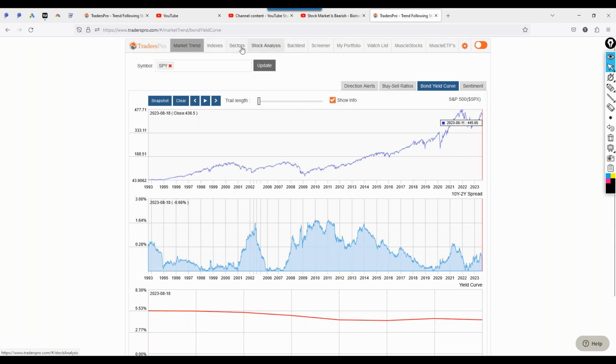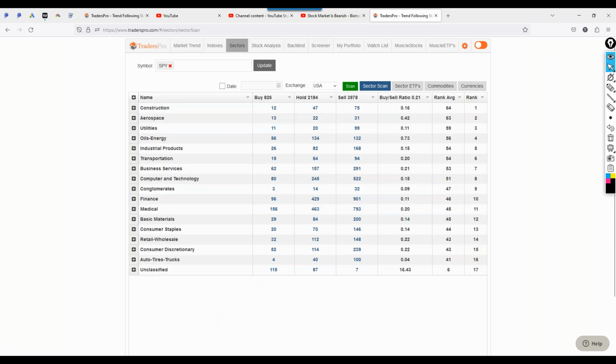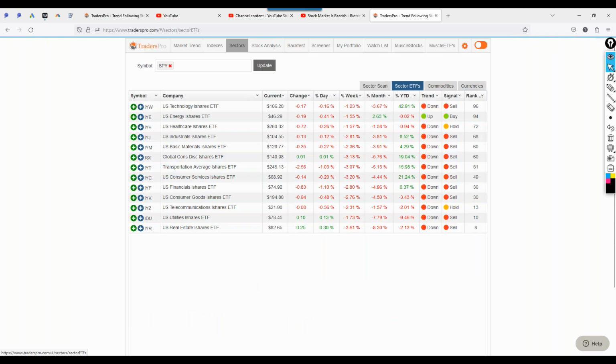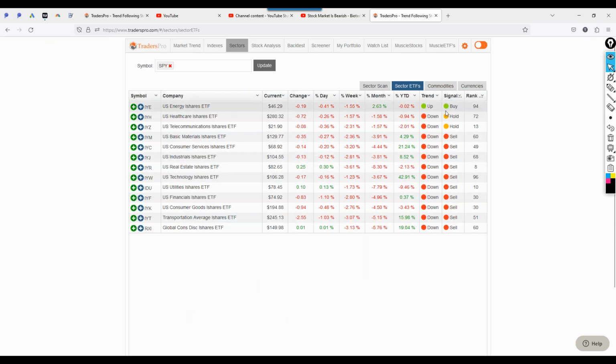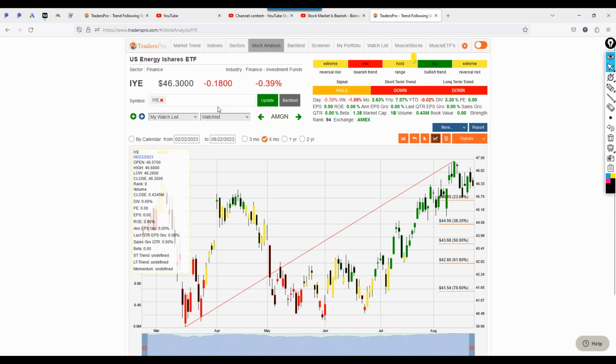The other one that I wanted to look at was under sectors, under sector ETFs, and then looking here to see, we talked about energy. We know that energy is in this uptrend, and this is a bullish pattern in terms of trend momentum. We want to see these 2 points connected, and then we want to see it stay above this range.